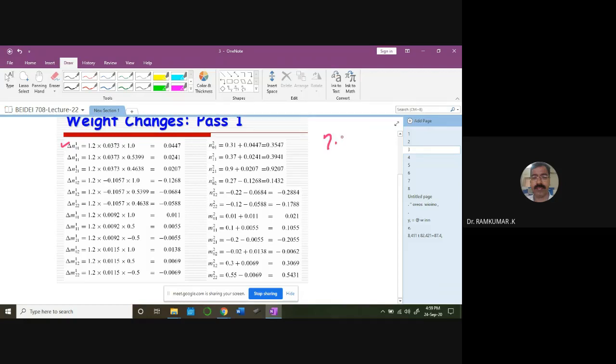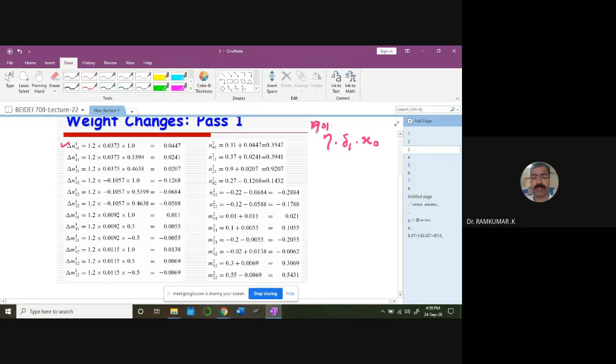Beta, delta 1 into x. That is the weight we are going to update. So it is w n01, not w m here.